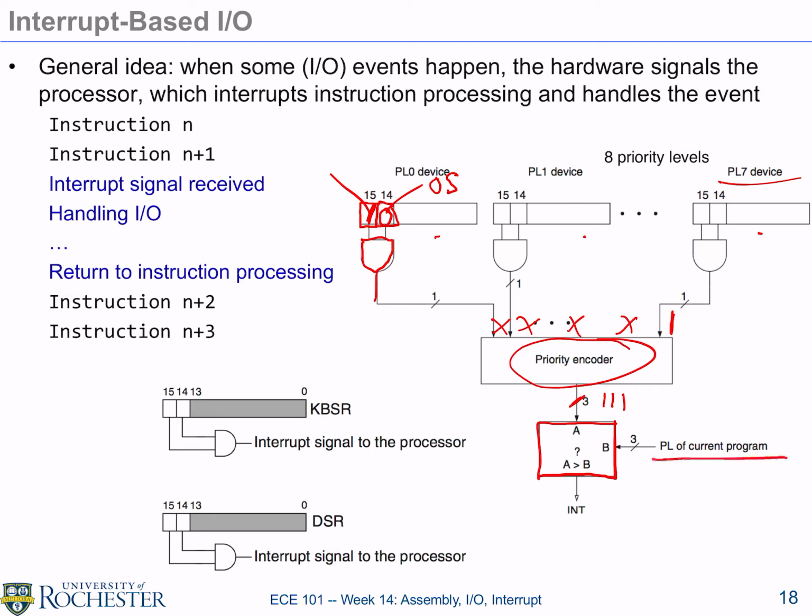Okay, so let's say PL7 has the priority, has the interrupt. Now I'm processing PL7. I'm executing code, so my current priority level is 7, and I reset the bit from the device to say, okay, I got you, but I'm still doing some wrap-up work. So I'm still not done.